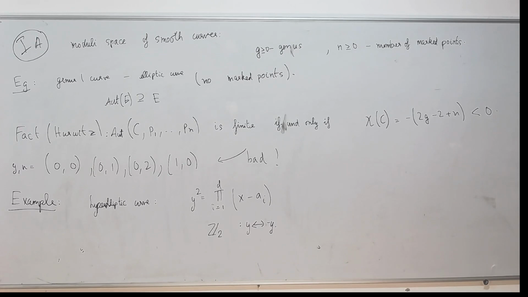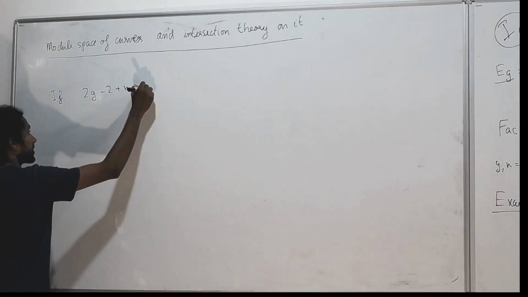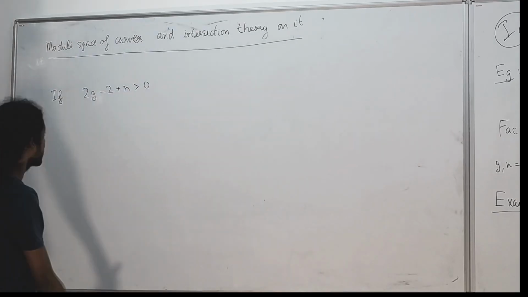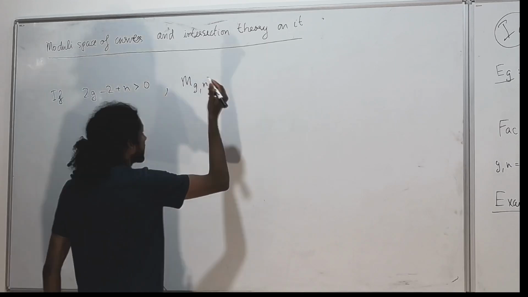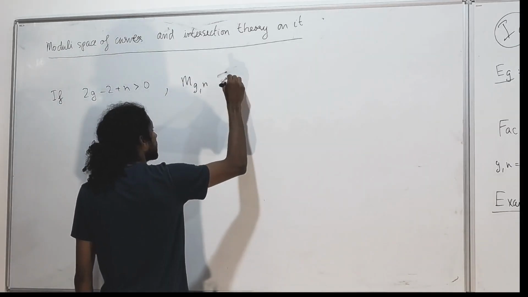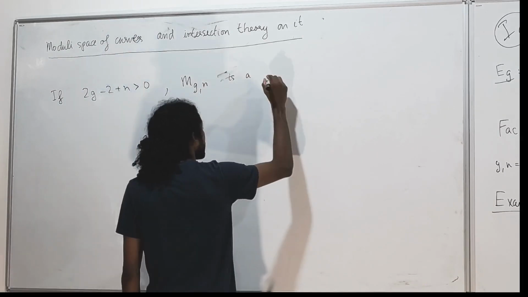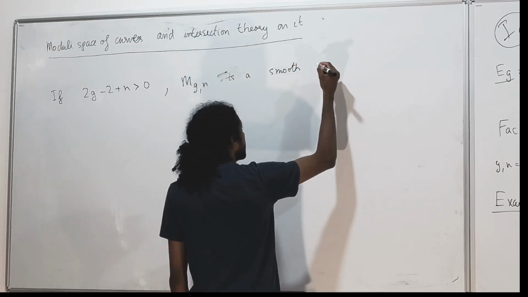Okay, so if 2g minus 2 plus n is greater than 0, we have that condition there. This set that we wrote down, M_{g,n}, is a smooth orbifold.